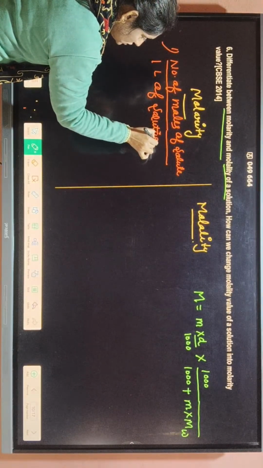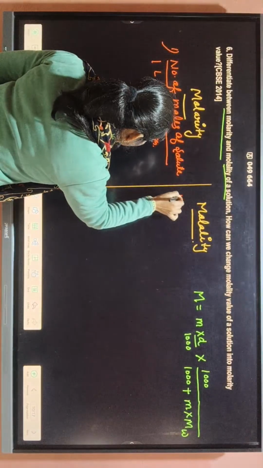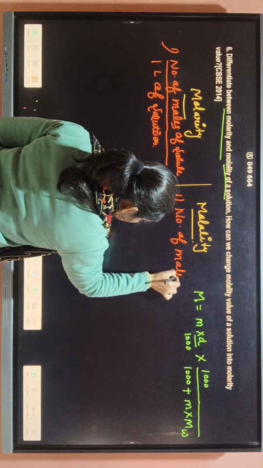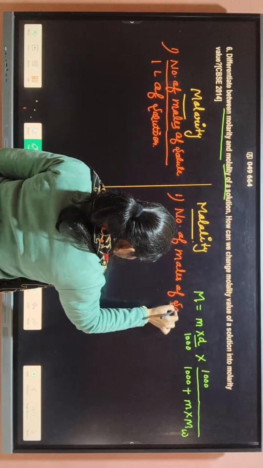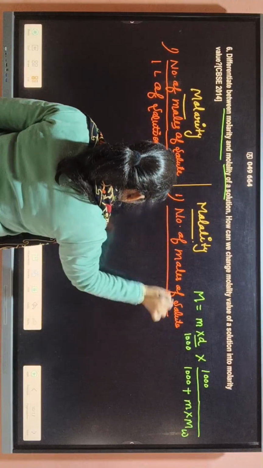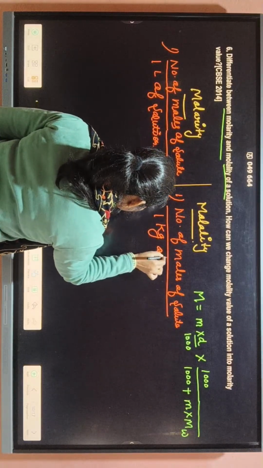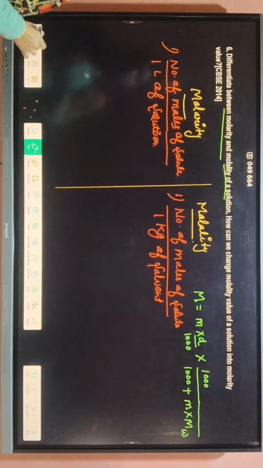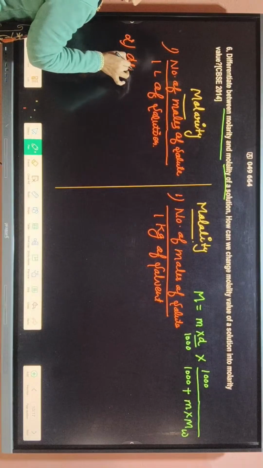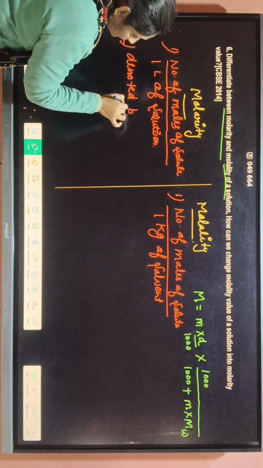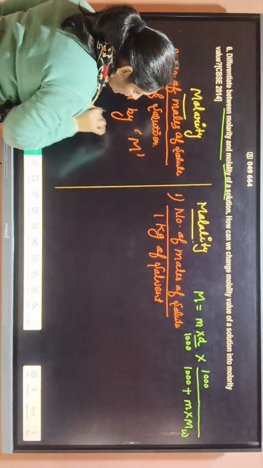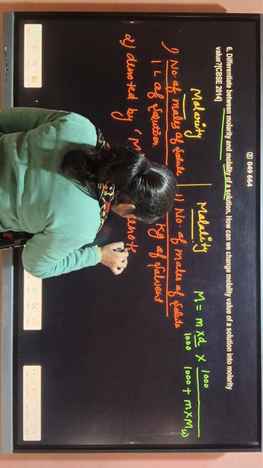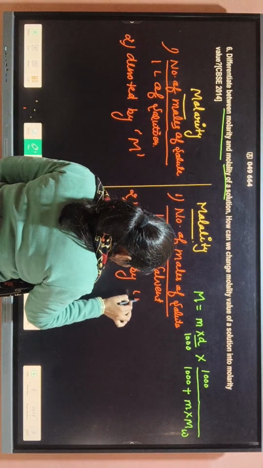And what is molality? Molality is the number of moles of solute dissolved in 1 kg of the solvent. Molarity is denoted by capital M, and molality is denoted by small m.